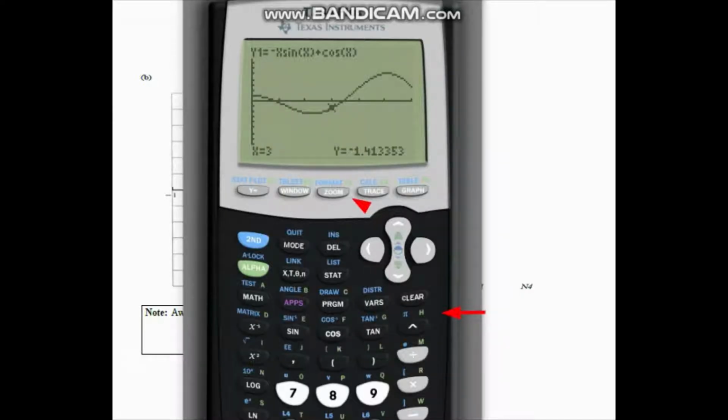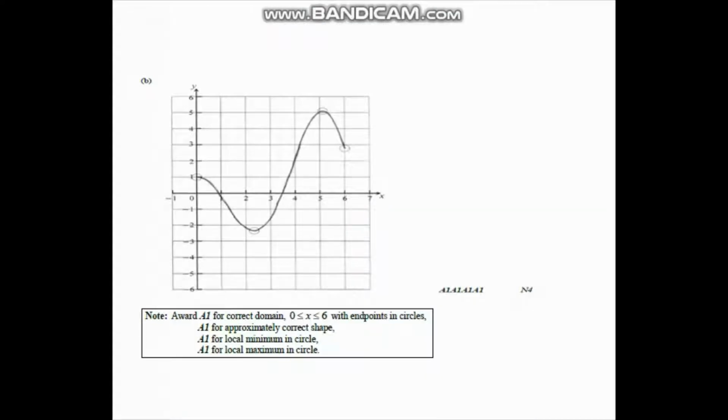There is the shape that we have obtained, so it kind of looks alright. You are given another mark for the local minimum in a circle and the fourth mark for the local maximum in a circle, so you are required to identify the minimum and the maximum points on the graph, and that's it, you're done.